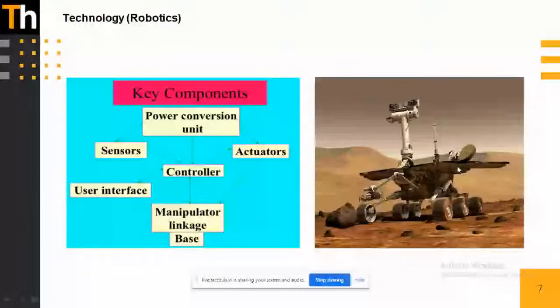So no doubt it's a high-end application. Basically, robotics is nowadays a part of embedded systems. In robots nowadays we have to use embedded systems; it is now an integral part of robotics.